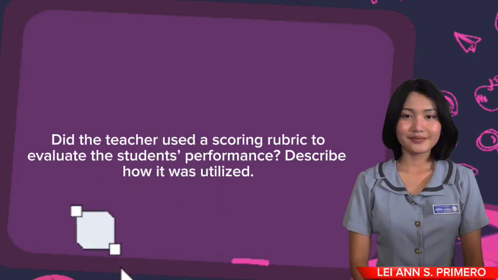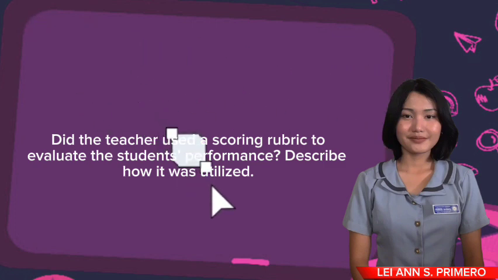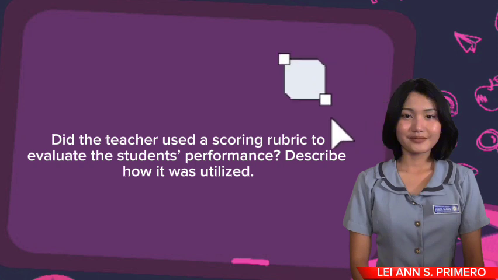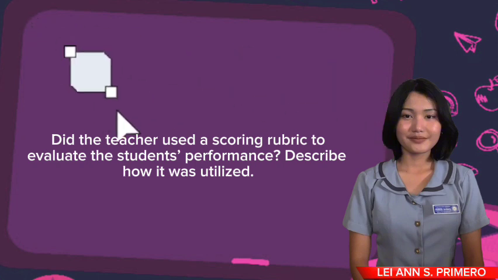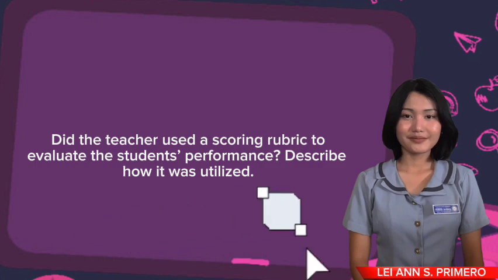Rubrics provide transparency in grading, offer valuable feedback to students, and help maintain consistency in evaluation. If the teacher used a rubric, they likely applied it systematically to assess and provide feedback on various aspects of the student's performance in line with the assessment objectives.